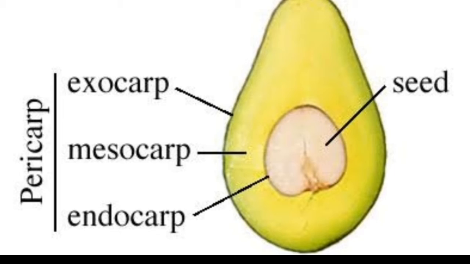Epicarp is the outermost layer. It forms the peel. Mesocarp is the middle layer. It is fleshy and it is the edible portion of the fruit. Then the innermost layer is endocarp. It is the rough portion where the seed is accommodated.